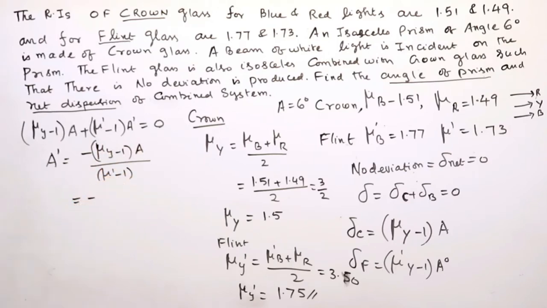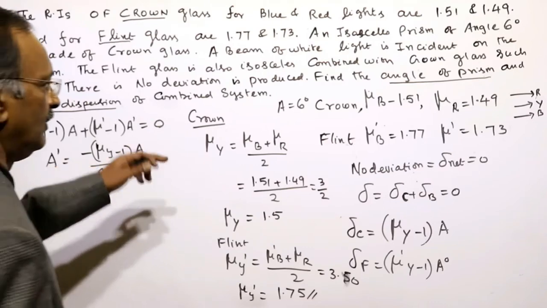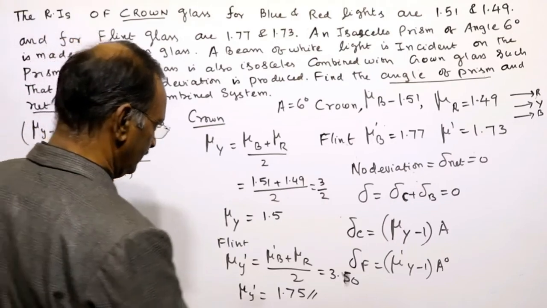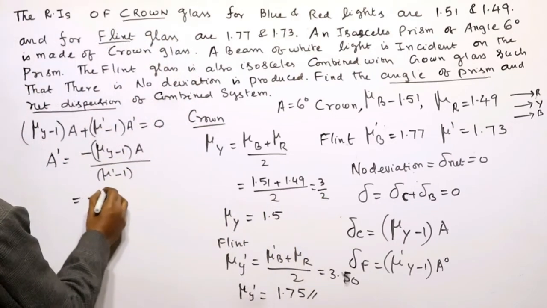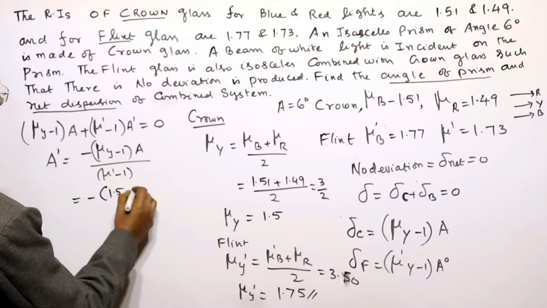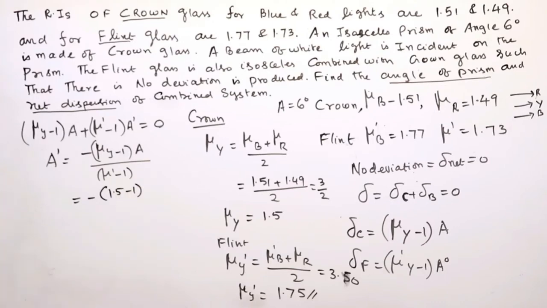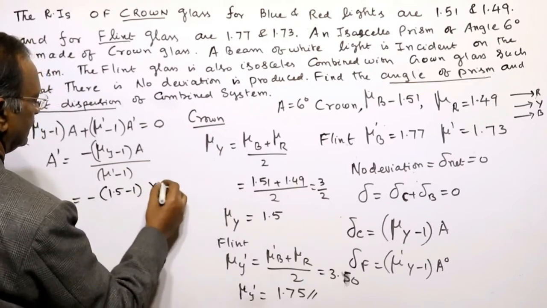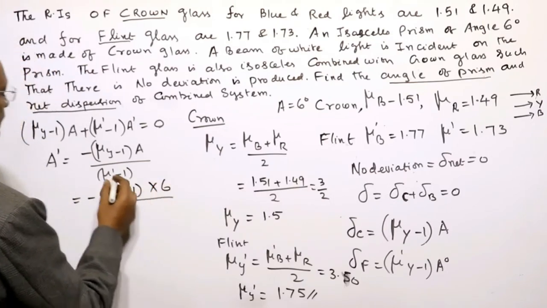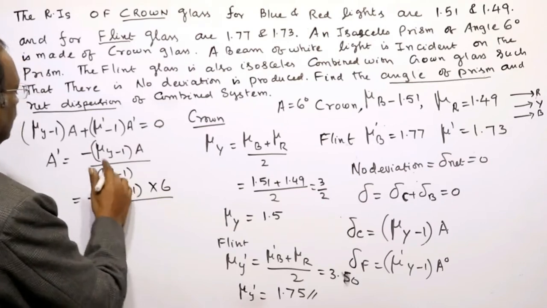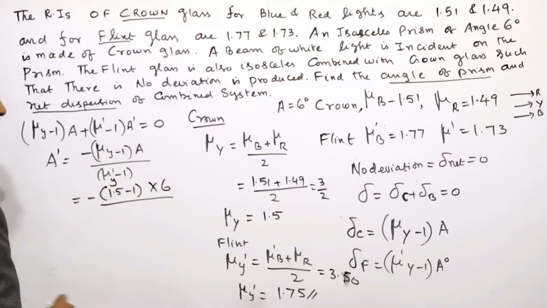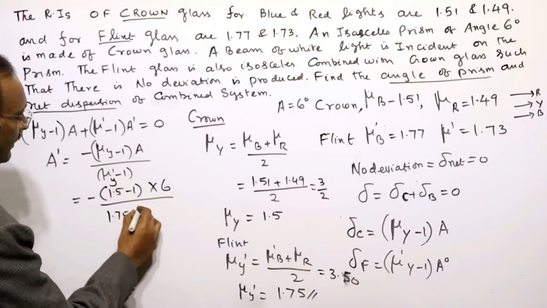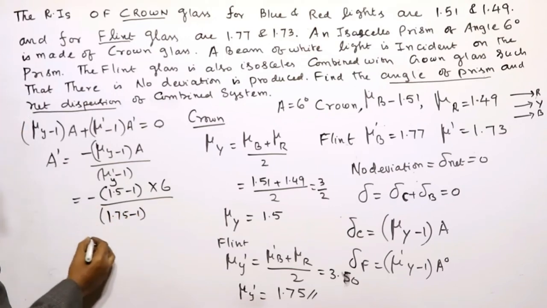So for the yellow color, the refractive index for the crown is 1.5, so 1.5 minus 1 into the angle of prism for the crown glass, 6, divided by this. For the yellow color of the flint glass it is 1.75 minus 1.